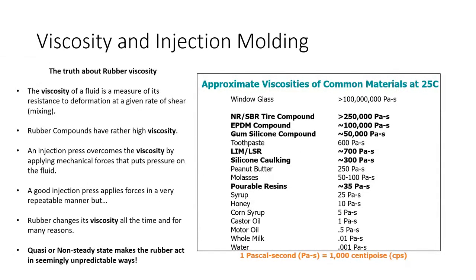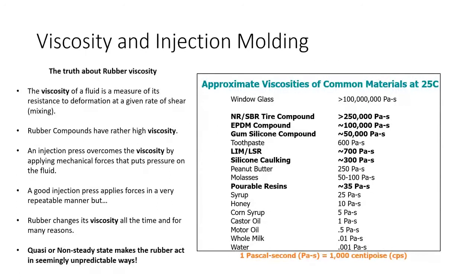An injection press overcomes the viscosity by applying a mechanical force and puts pressure on the fluid. And then it creates behaviors of that rubber fluid, the raw material. A good injection press applies forces in a very repeatable manner, but rubber changes its viscosity all the time and for many reasons. In fact, injection presses work in quasi or non-steady state, and that makes the rubber act in seemingly unpredictable ways, and I underline seemingly.